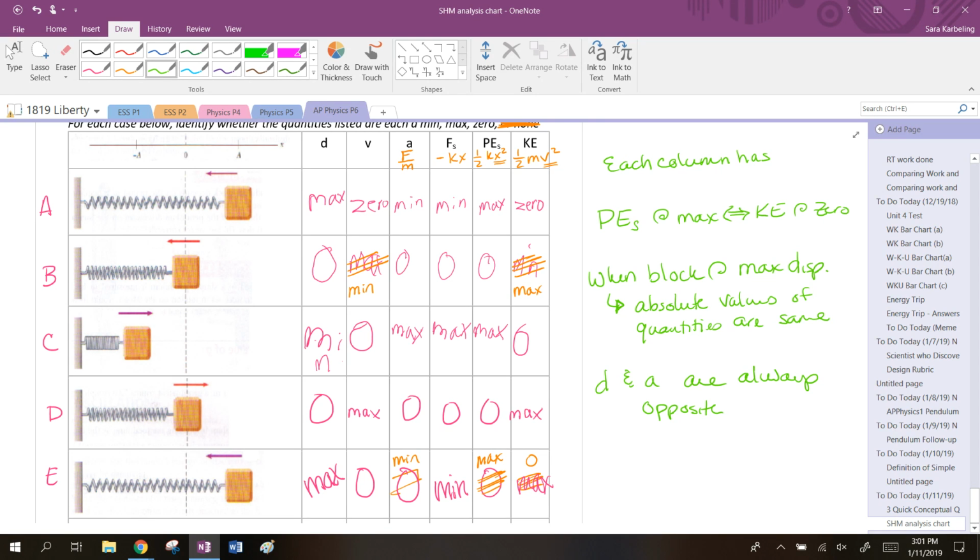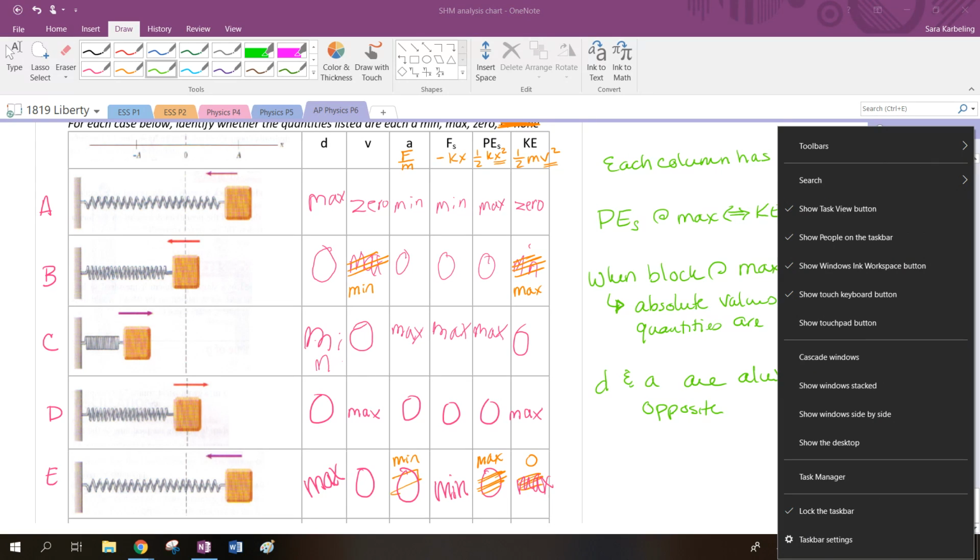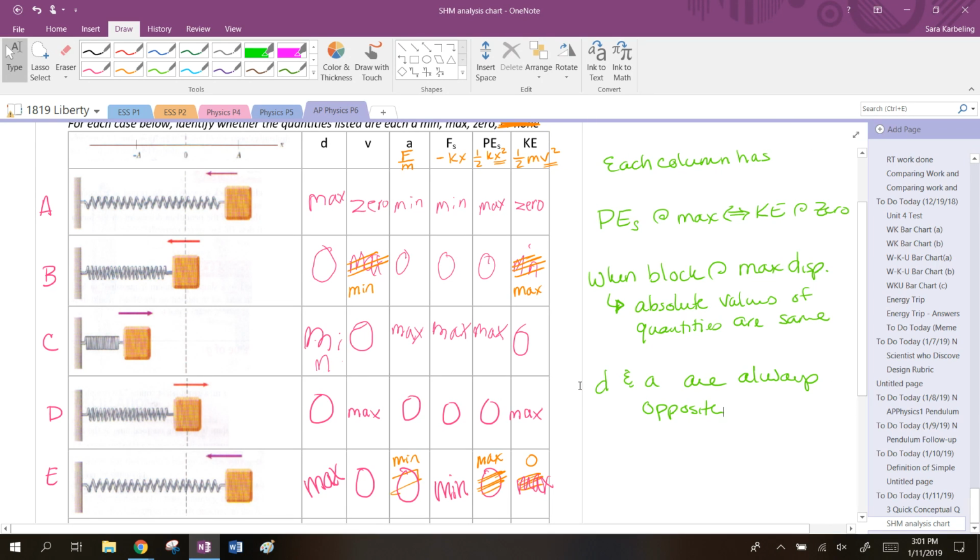And then when they have zeros, they go to zeros. And that is not trivial by any stretch. So when D is at a max, we can say that A is at a min. Yeah, and they reach zero at the same time. Awesome.